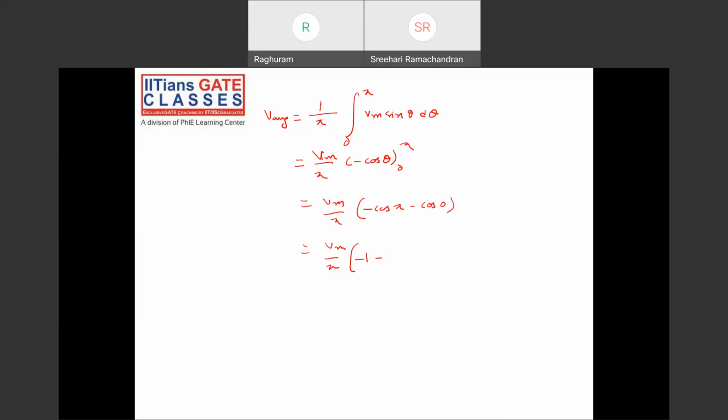So it is 2 Vm by pi. So 2 Vm by pi is V average. What is the value of 2 by pi? It is 0.6366.